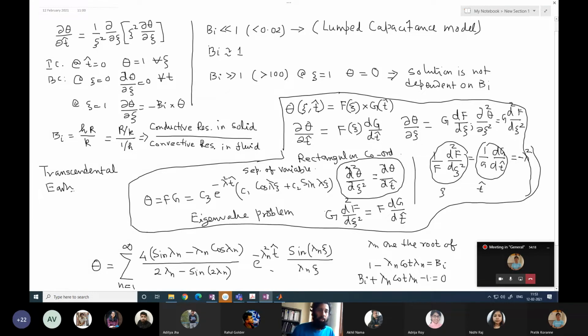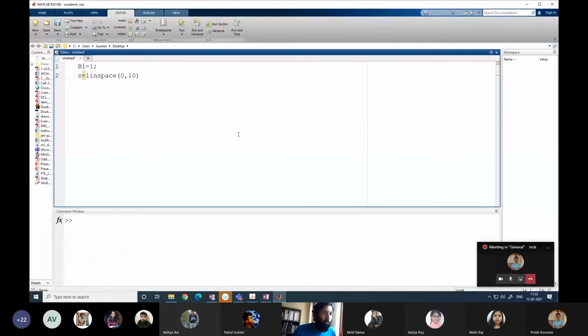So lambda n should be such that this expression must be 0. I am plotting it as f of lambda n in MATLAB, for a given Bio number.